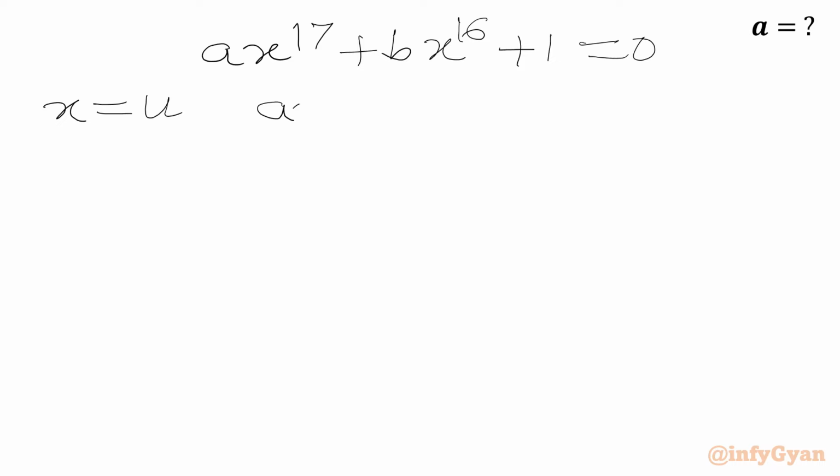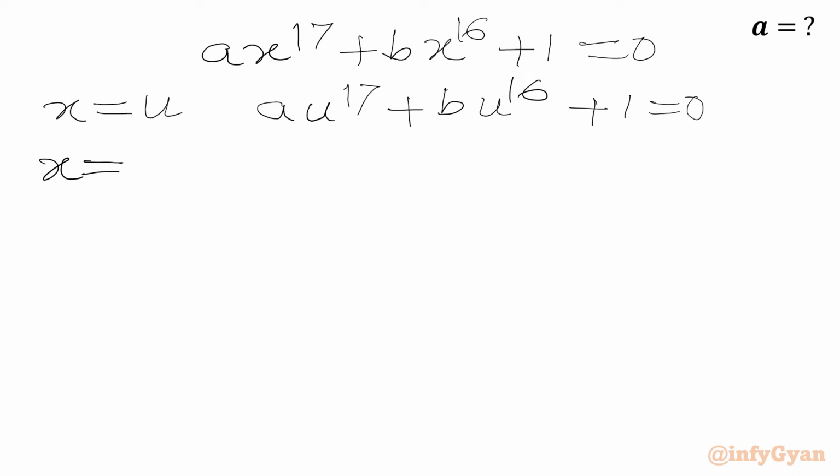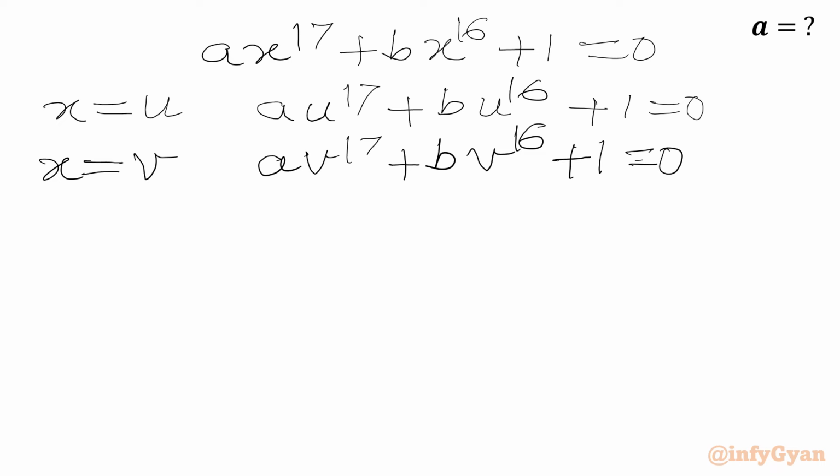So our equation becomes a u power 17 plus b u power 16 plus 1 equal to 0. And second equation we are going to get by plugging x equal to v. So I will write a v power 17 plus b v power 16 plus 1 equal to 0.